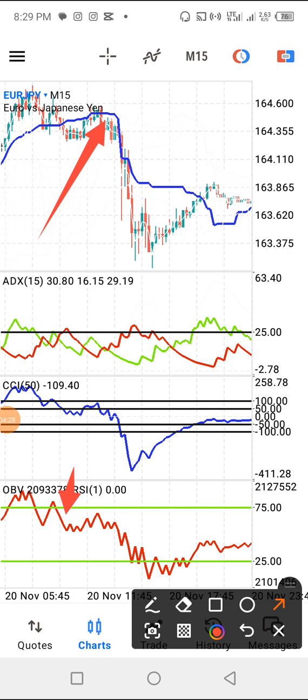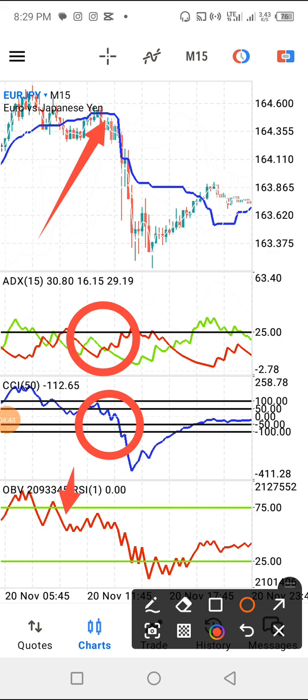This is where we start considering the ADX and the CCI. So if the CCI is also pointing downward and the negative ADX crosses above the positive ADX upward, this is where you quickly take your sell entry.